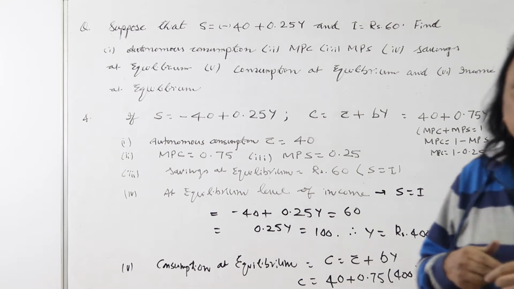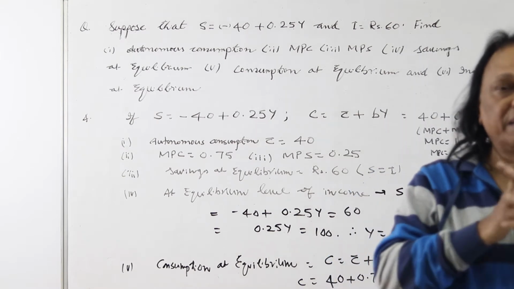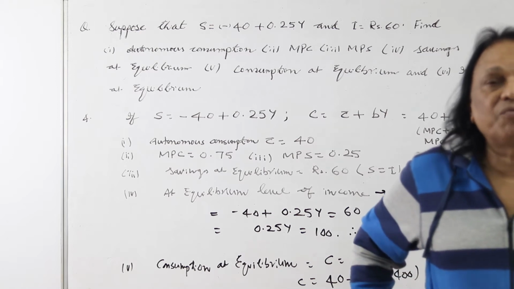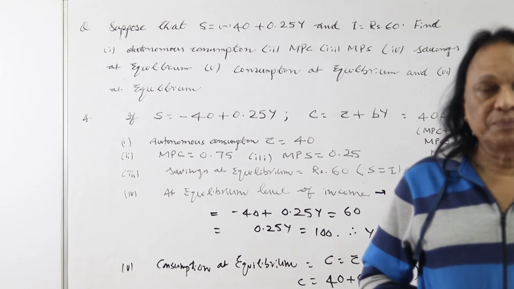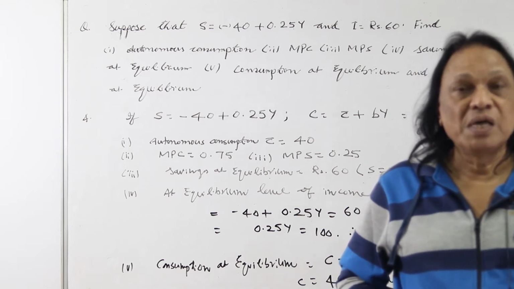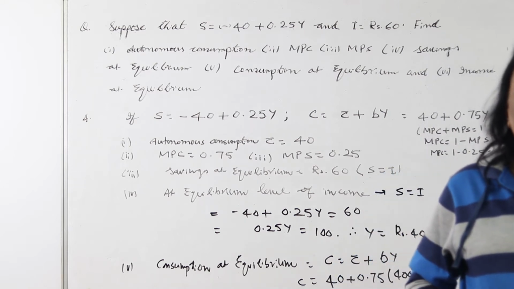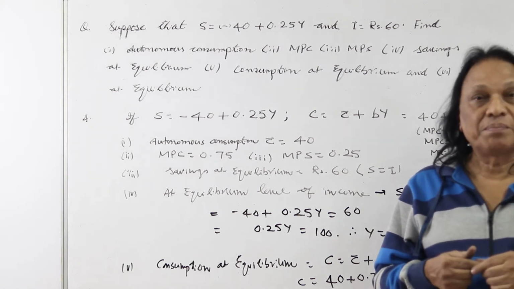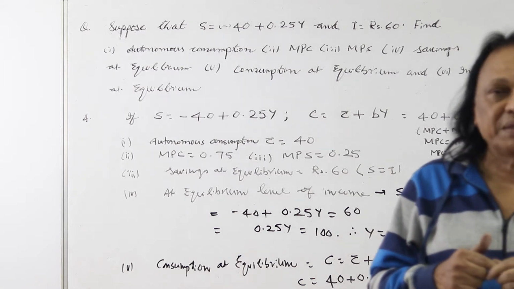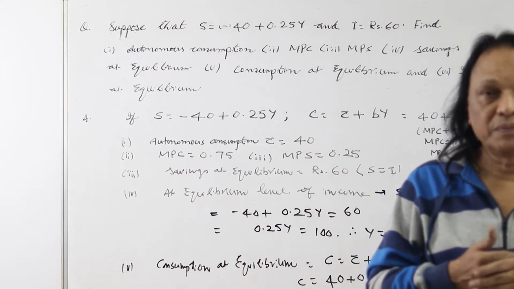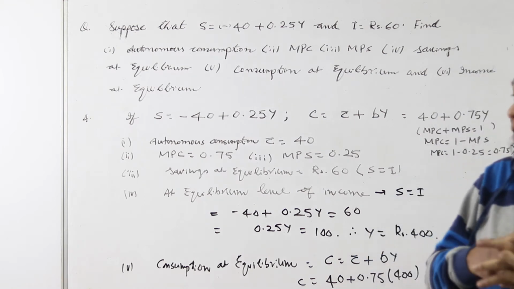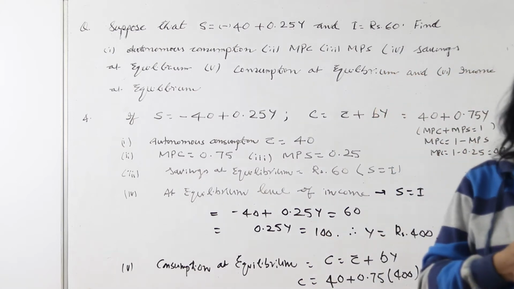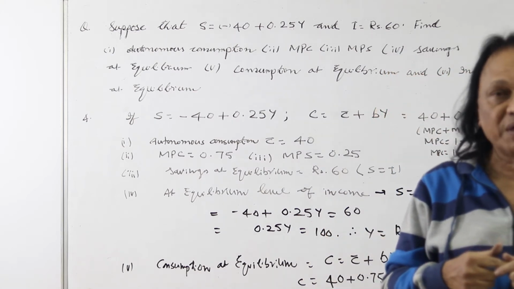Let's recollect. We have already seen the consumption function equation. C equation is C bar plus BY. C bar stands for autonomous consumption, B stands for MPC and Y stands for income. And we have seen the saving equation, minus C bar plus 1 minus B, that is nothing but MPS, times Y. So given the saving equation here, we can convert this into the consumption function.